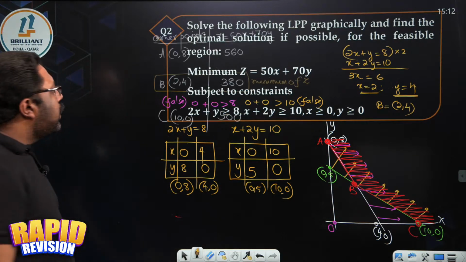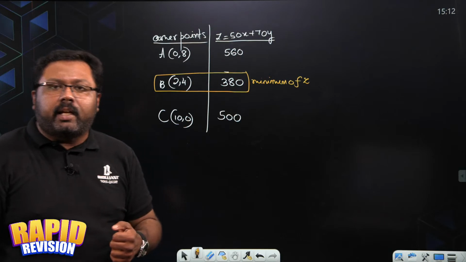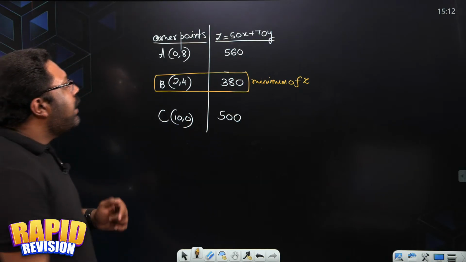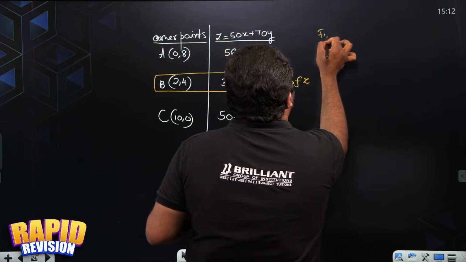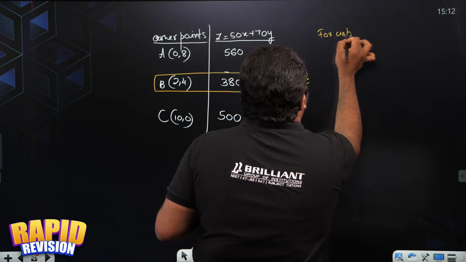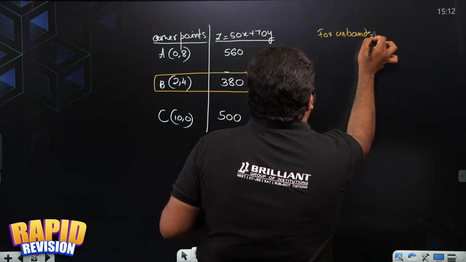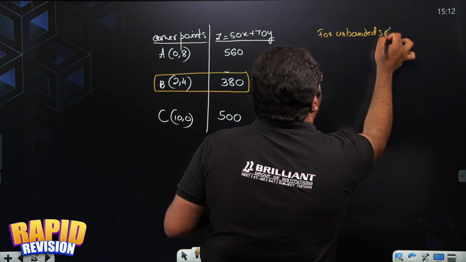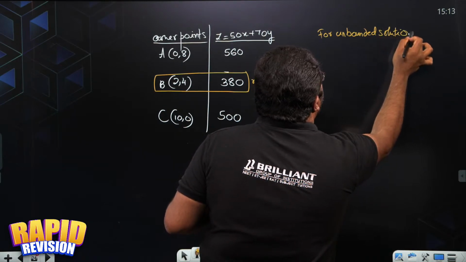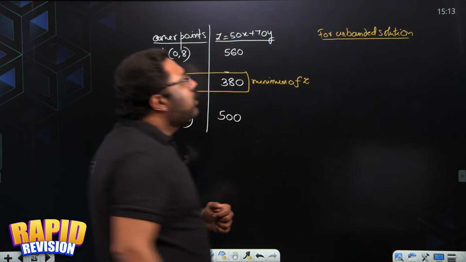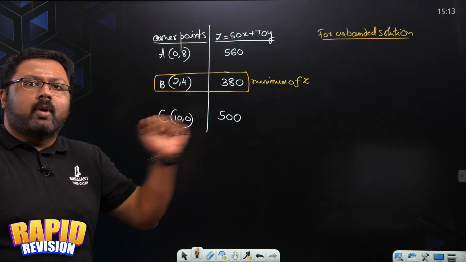You cannot conclude that the minimum of z is 380. For that, for unbounded, we have to do one more thing. That's why the question was very easy, but it's unbounded. That's how you will be made complicated during the board exam.